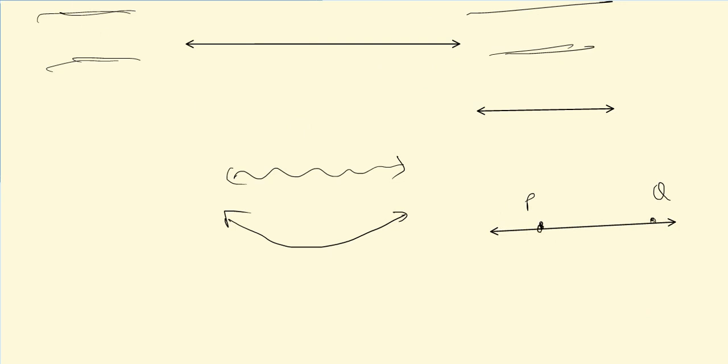So you can't draw more than one line which will pass these 2 points. The line should be straight. Then every line has an infinite number of points in it. That means in this line we are having infinite points that we actually can't count, that means uncountable.